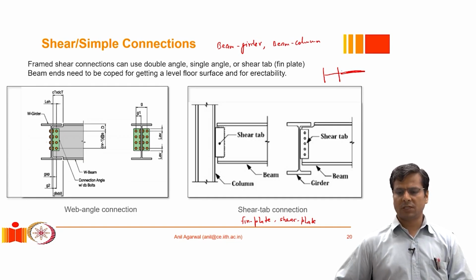However, if I want to use a double angle, now you may realize if I put a double angle, and typically what would happen is that this double angle will be welded to the column at the shop. So this column would come to the site with these double angles welded to the column, maintaining the exact distance between them that is required to fit the web of the beam.